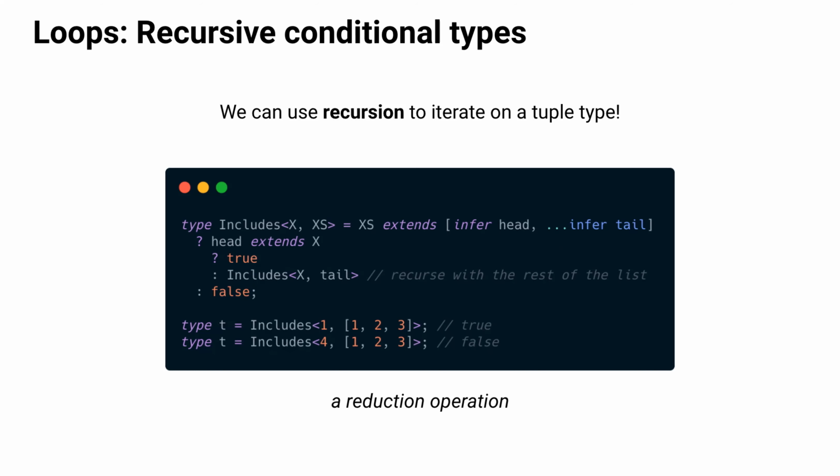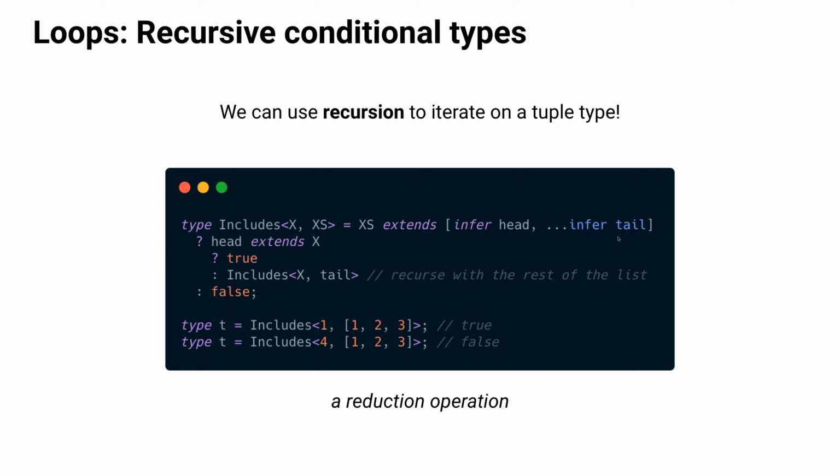Any question about that? So the question was where does the tail come from? So it's extracted from the list here. Sorry. So when you do infer, it's pretty similar to doing var or let, right?